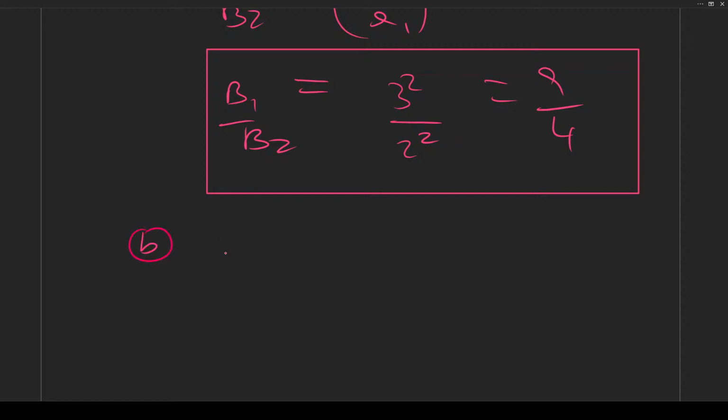As for magnetic moment, which is equal to n times I times A, where I equals V by rho L times A, where area is common for both of them, as we are not considering the area of coils but the area of the cross section of wire.